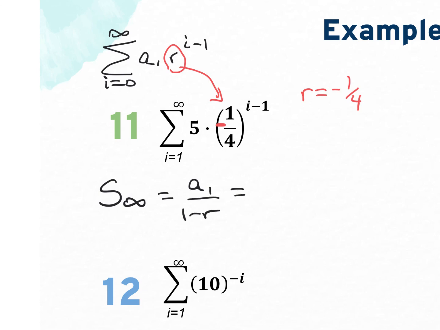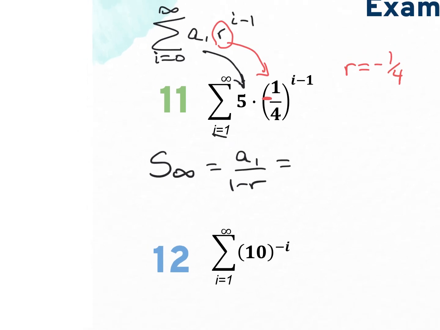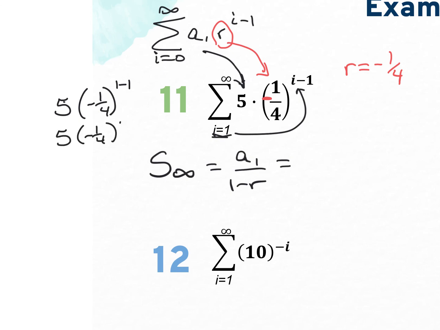My first term, I have to plug in and calculate it. Actually, since it is of the correct form, it's sitting right here. It's the 5. But if you weren't sure, take this 1, plug it in for I. So if I do that, I get 5 times negative 1/4 to the 1 minus 1. 1 minus 1 is 0.